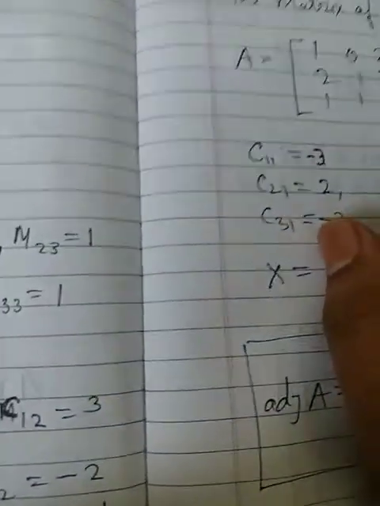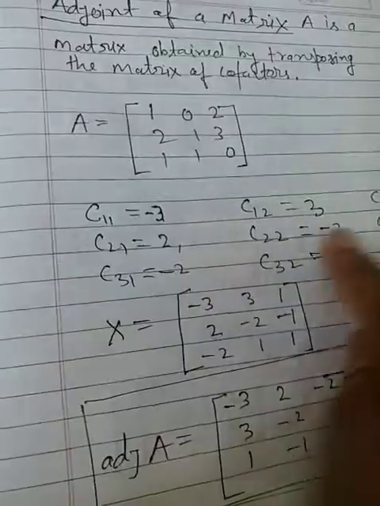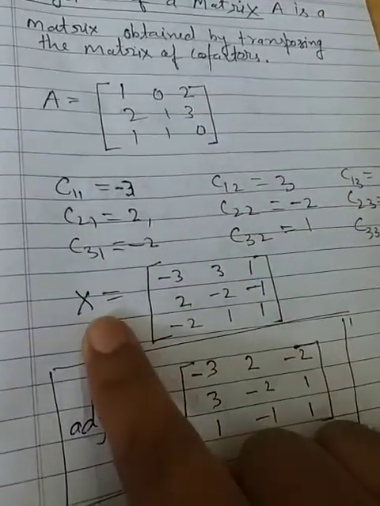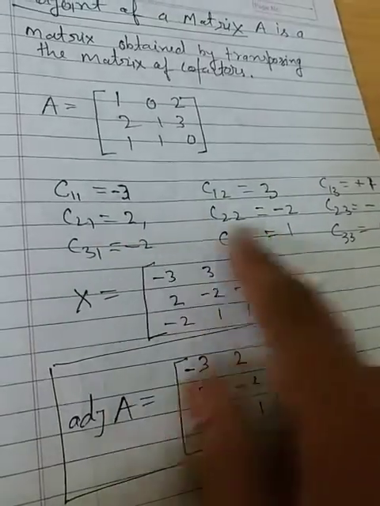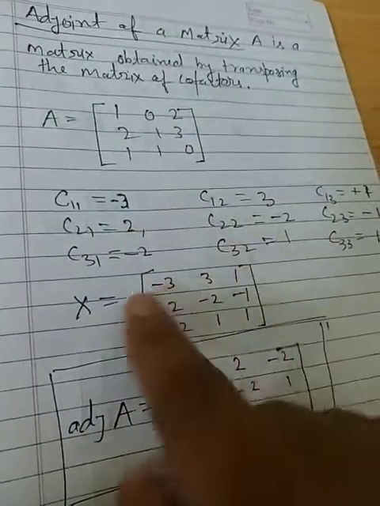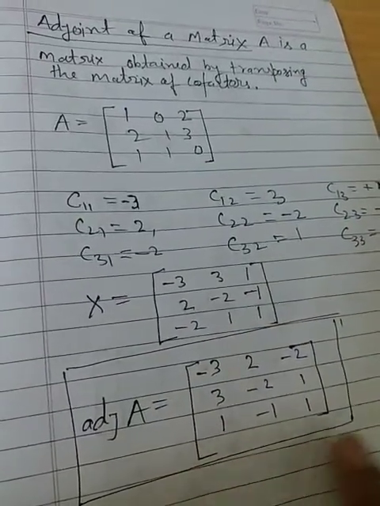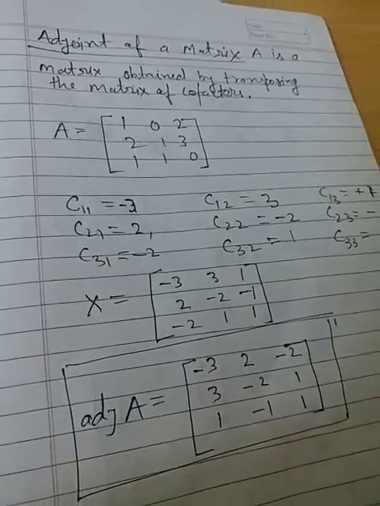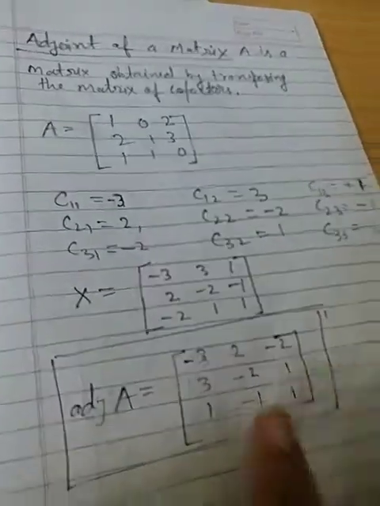Then to find the adjoint, first of all we will find the cofactors, and we will form a matrix made by cofactors. Instead of elements we will write their cofactors, and then we will take the transpose of this matrix. So the transpose of the matrix obtained by cofactors is the adjoint.